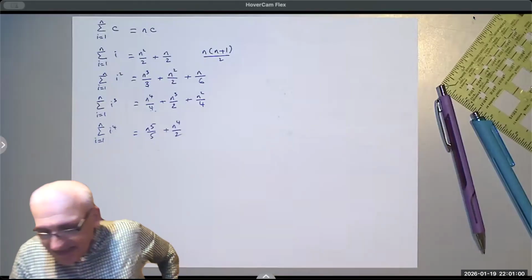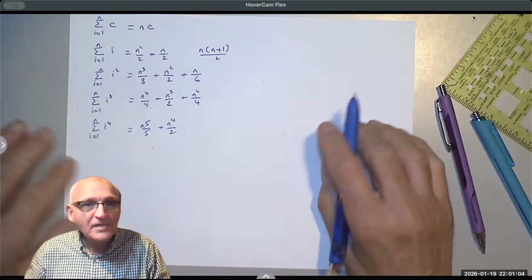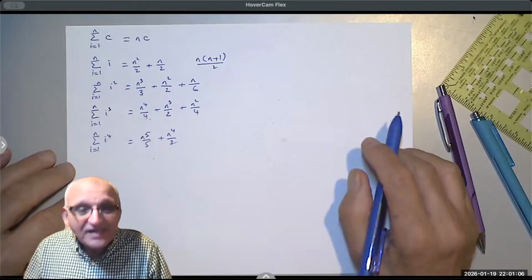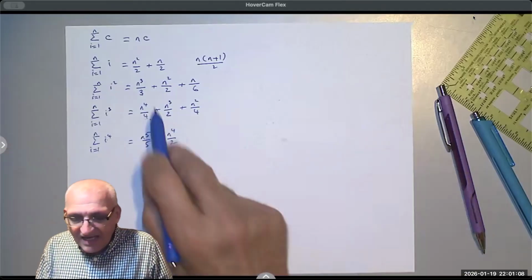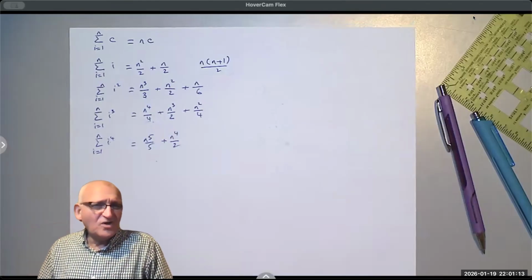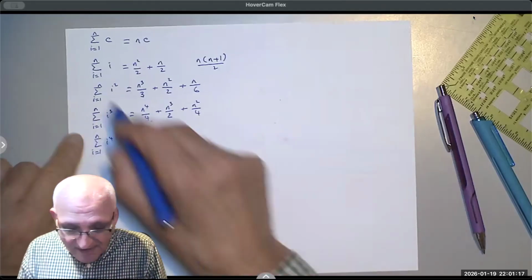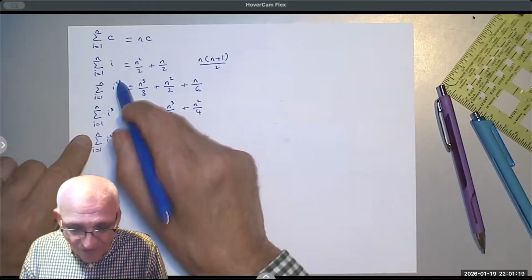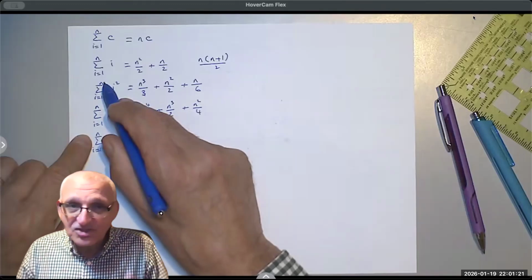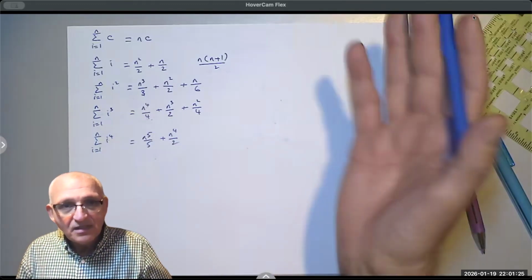But how about this new term that shows up? Well, you can think of it as what makes the sum of the coefficients 1. Why 1? Basically because if I'm just going to add I squared from I equals 1 to 1, just make I equals 1, the answer would be 1.